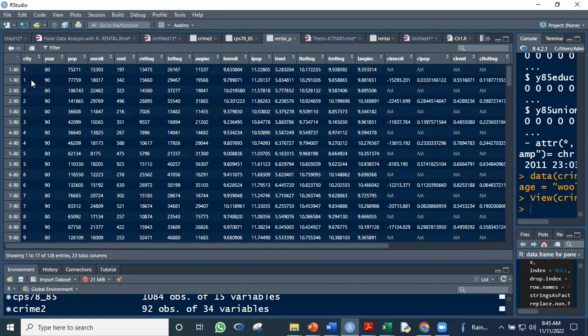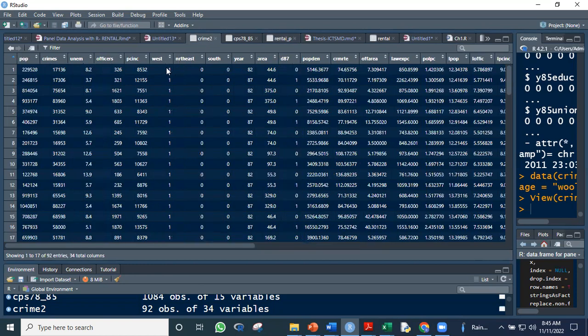May city tayo dito, di ba? Ito yung unang year, 1980. Tapos pangalawang year, 1990. Okay, so same city yan, 1 and 1. Okay, ito, 2 and 2, 3 and 3. So city 1, city 2, taken at year 80 at saka year 90. So ito, si crime 2, meron din tayong year dito, 82 and 87.